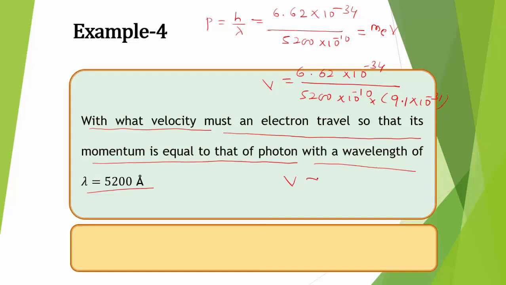Finally, you get the answer nearly 1400 meter per second, or v equal to 1.4 into 10 to the power of 3 meter per second. In this velocity the electron travels, and its momentum is equal to that of a photon with a wavelength of 5200 angstrom.